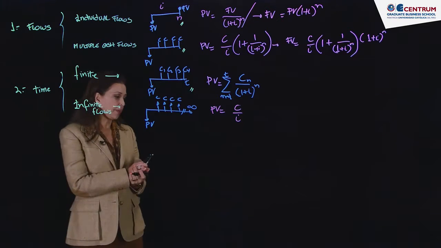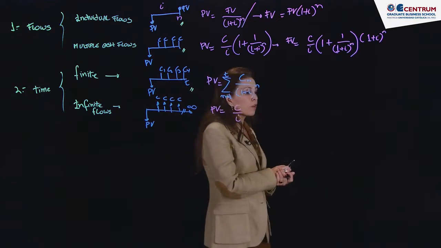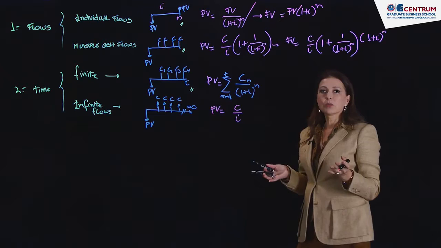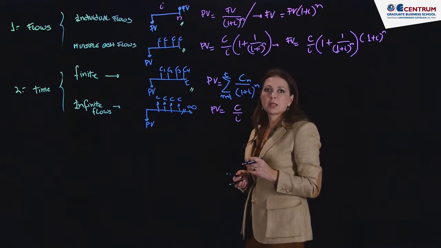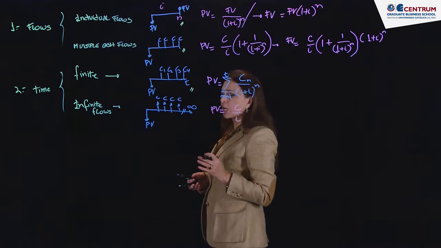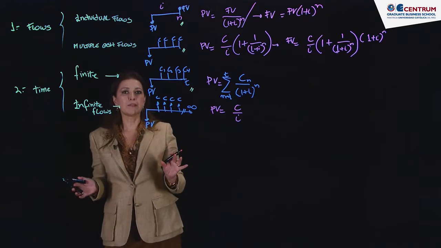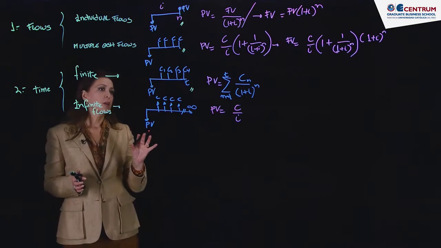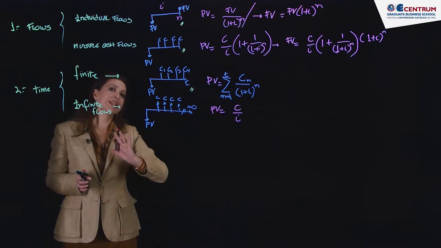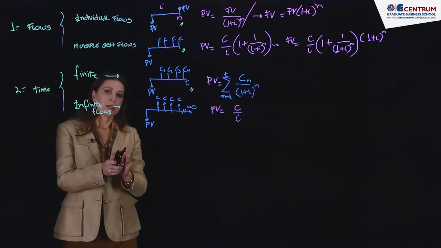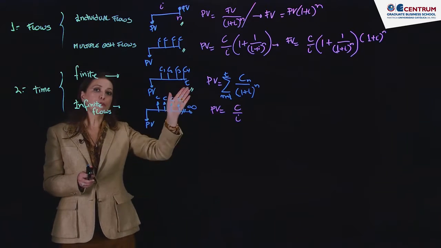Another possibility when we refer to infinite flows is when you are doing some projections of your cash flows, you can consider a growth rate, for example, inflation. In that case, we will have a perpetuity that grows into the future.